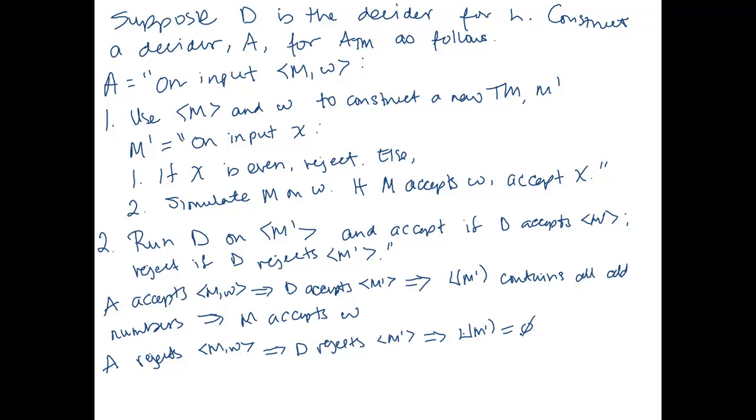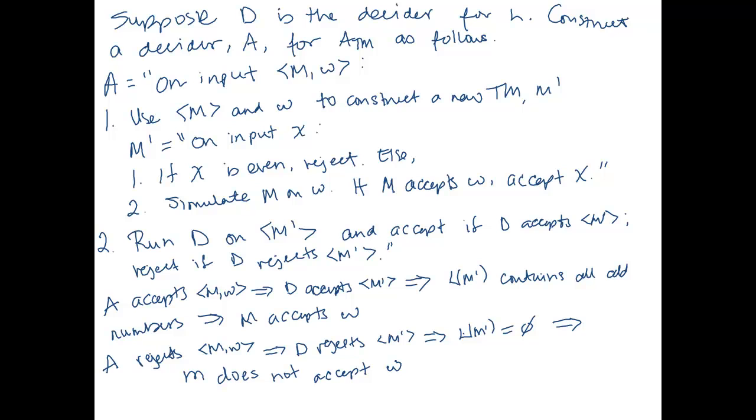So D rejects M prime when the language of M prime is the empty set, and this happens when M does not accept W. So A accepts MW when M accepts W, and A rejects MW when M does not accept W.